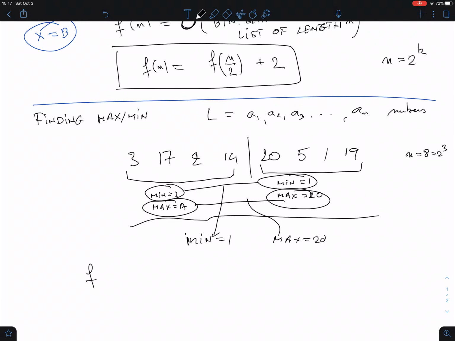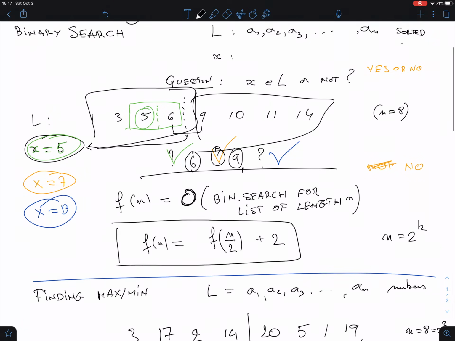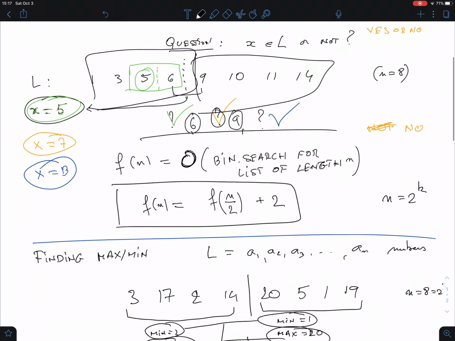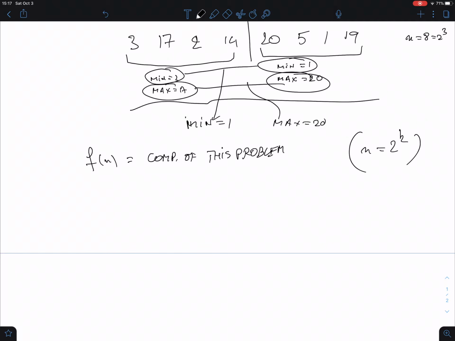So here we could say that f of n is now the complexity of the max-min problem, in terms of the input, where we assume again for simplicity that the input is a power of 2. We don't need to, but it is easier. And again, we could pad this with dummy things.